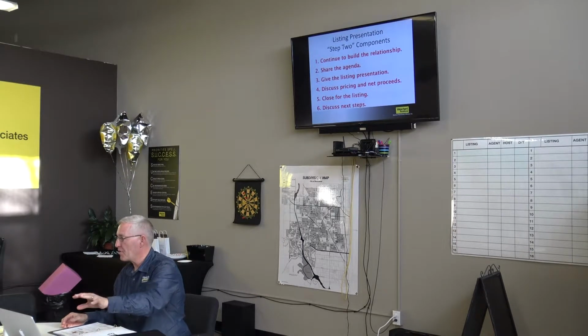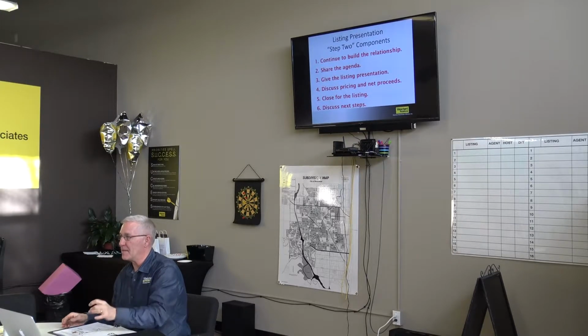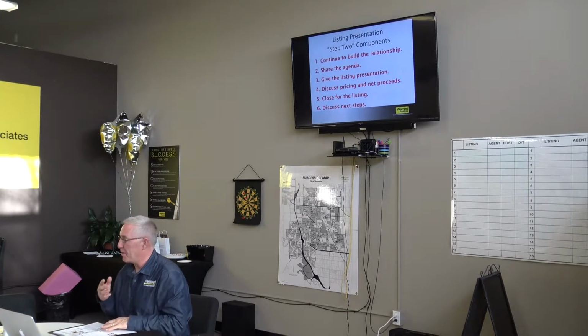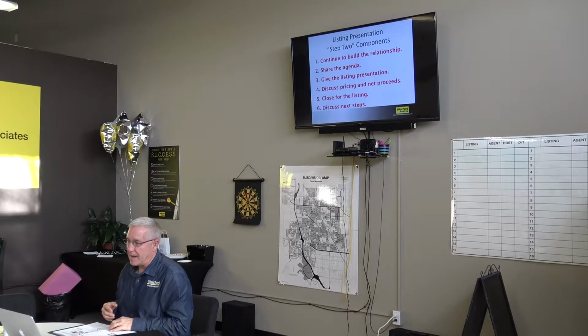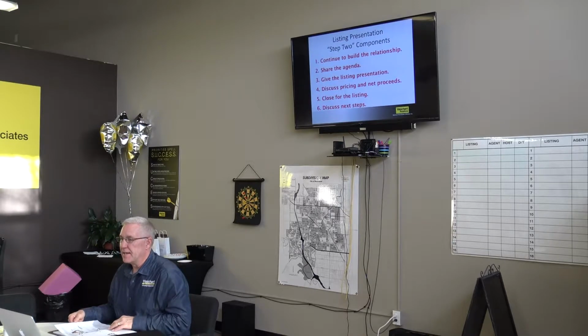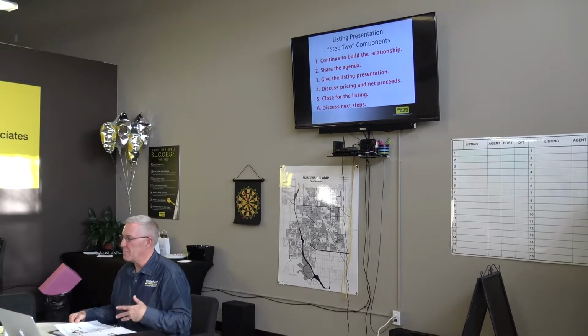So after paying off the mortgage, if they've got a mortgage on the property, after paying commissions, after paying for repairs, those sorts of things, what are their net proceeds? That's what they care about, their bottom line. And then you're going to close the listing, and then you're going to discuss the next steps. Don't assume. I assumed with the listing that I've got right now that because of their age, they were experienced and understood this.